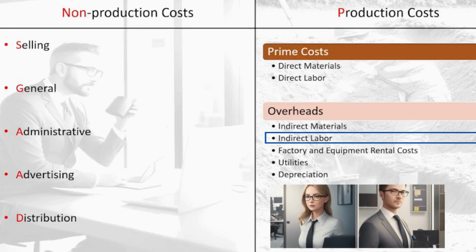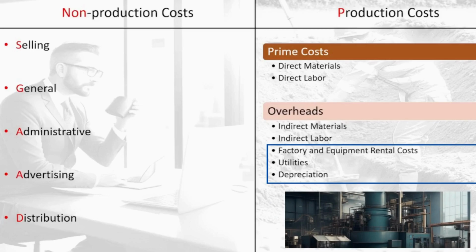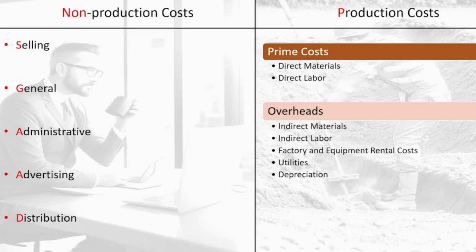Indirect labor, such as the salary of a secretary or a supervisor, is also considered part of production overhead. Costs like factory and equipment rental, utilities, and depreciation are classified as overhead, while the same costs related to administrative facilities are considered non-production administrative expenses.